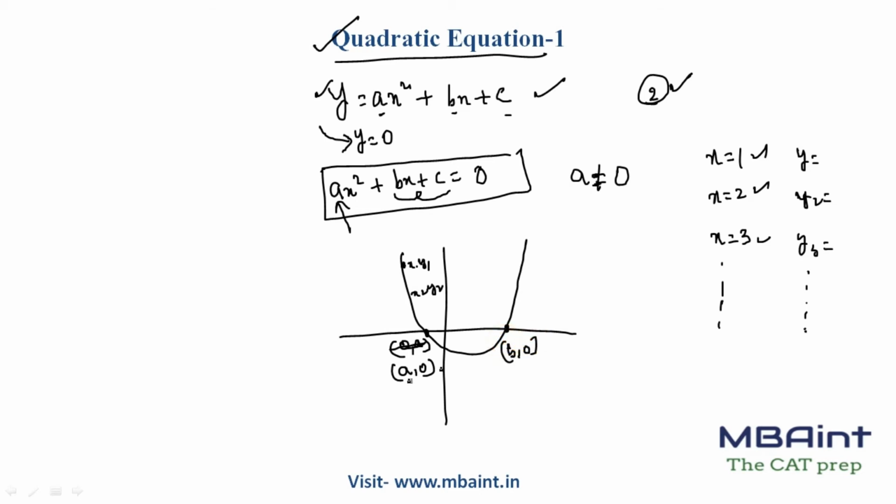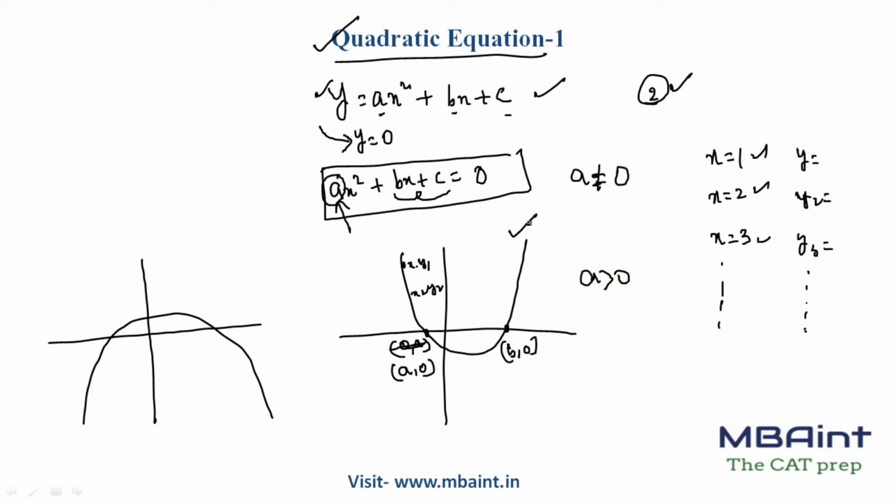Now, it might happen that you have an upper facing parabola or a lower facing parabola. It is also possible that you get something inverse of this, something like this, okay. So when the value of a is greater than 0, you have an upper facing parabola. When the value of a is less than 0, you have a downward facing parabola, right.